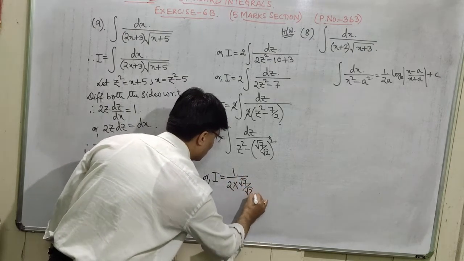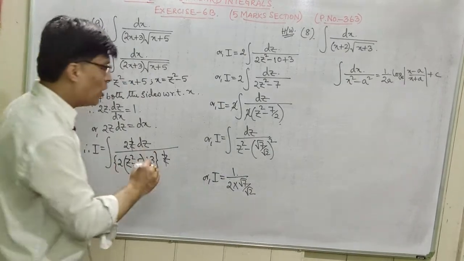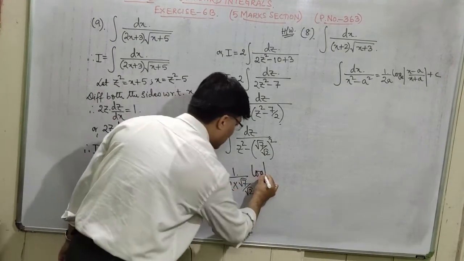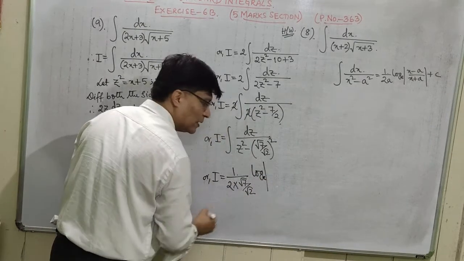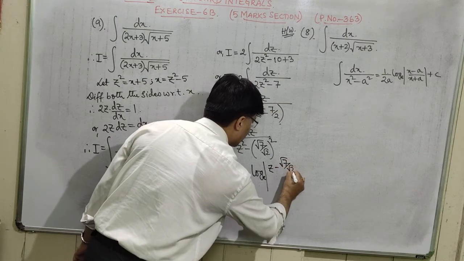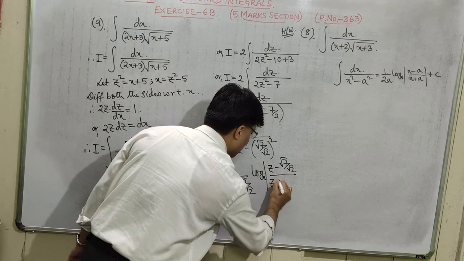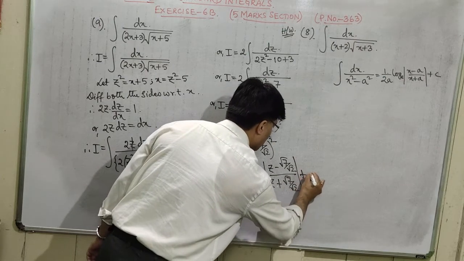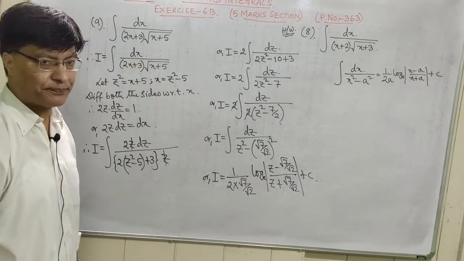Root 7 by root 2, that is 1 by 2a, log within mod. Here the base is e. x minus a. What is x minus a? z minus root 7 by root 2 divided by, what is x plus a? z plus root 7 by root 2. Mod sign closed plus c.